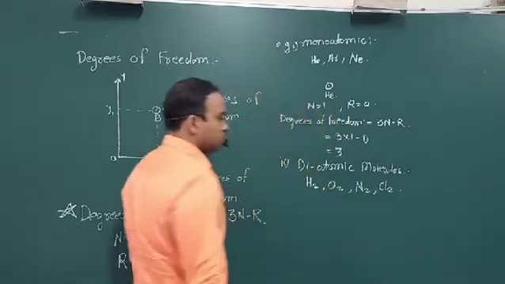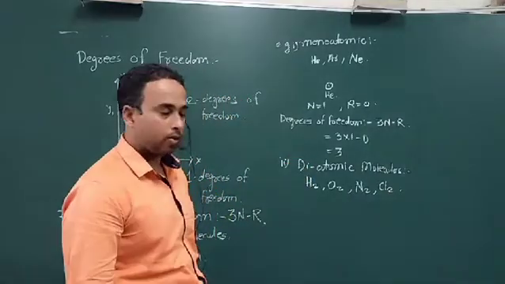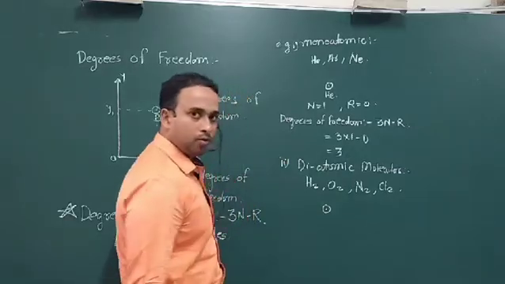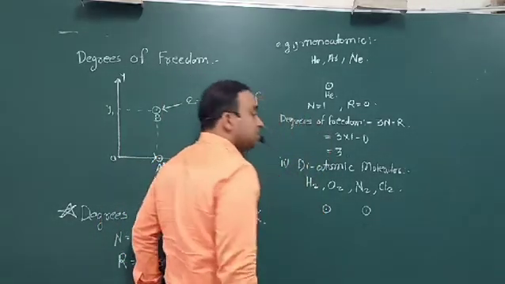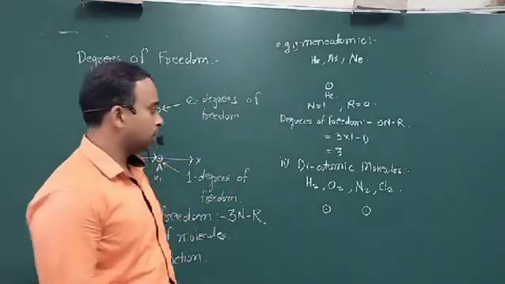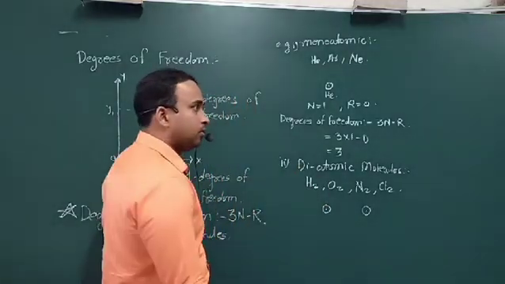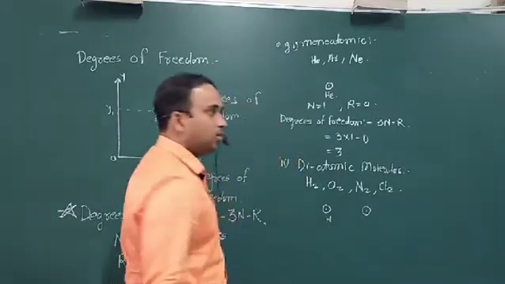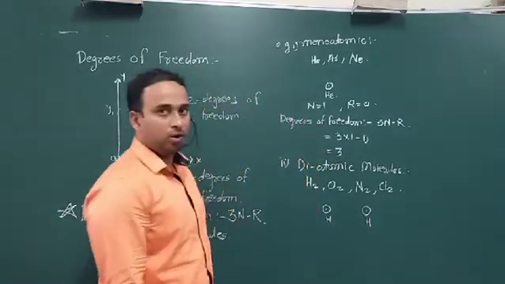So we take an example, oxygen. This is the first atom of oxygen and this one is the second atom of oxygen. Or we take an example of hydrogen. This is the first atom of hydrogen and this one is the second atom of hydrogen.